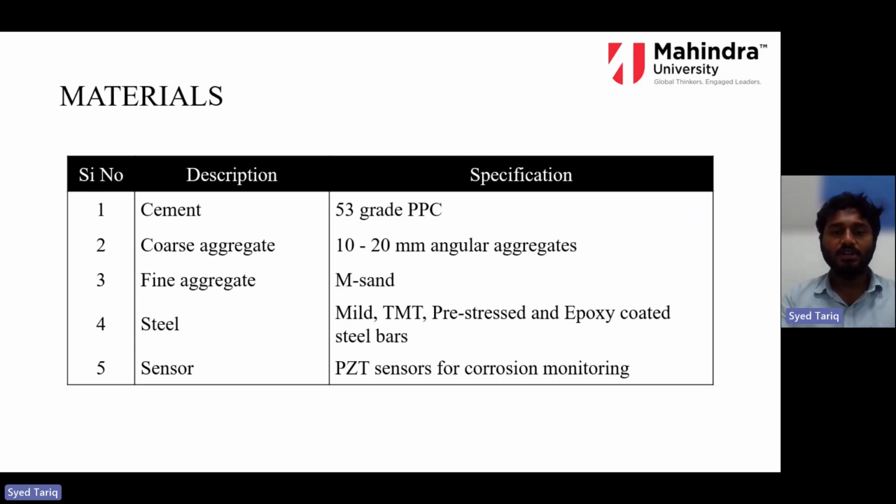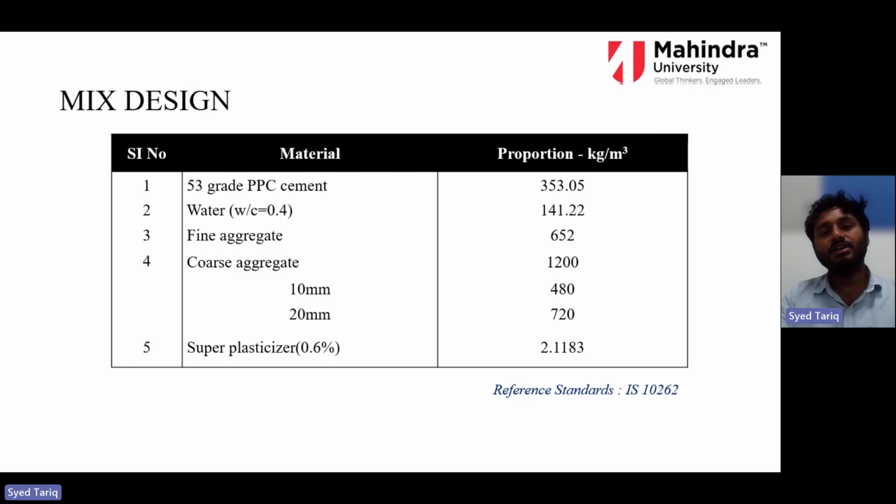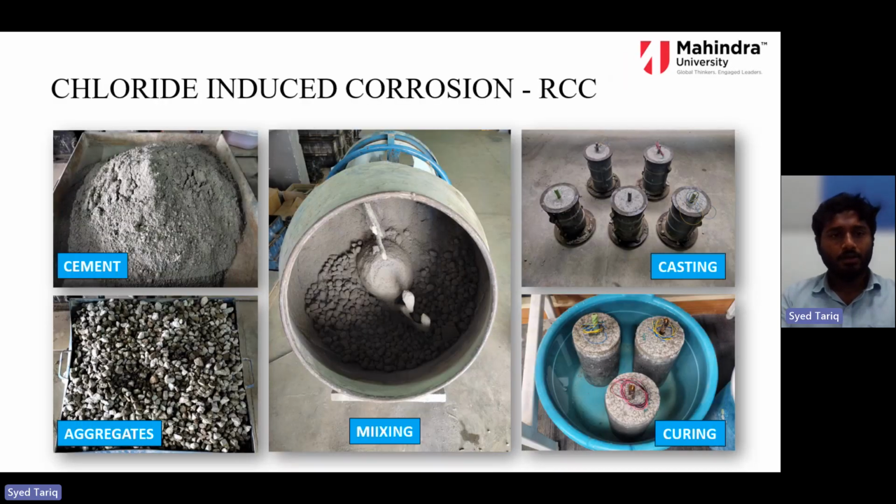As usual, we used piezoelectric sensors, as for the bare bar corrosion. This is the mix design I have adapted to achieve M30, and we casted 6 cylinders in total: 3 with piezoelectric sensors for the monitoring purpose, and 3 without piezoelectric sensors for destructive testing.